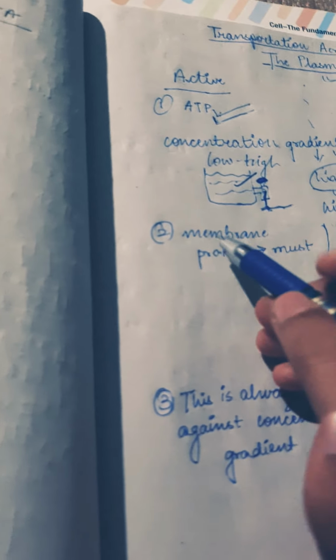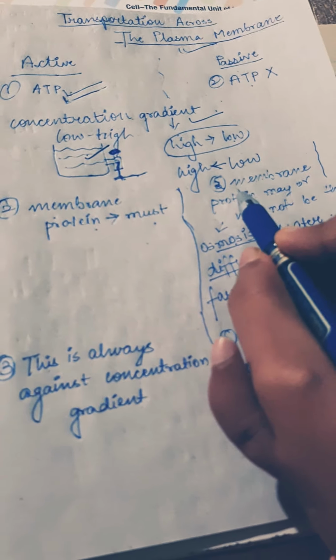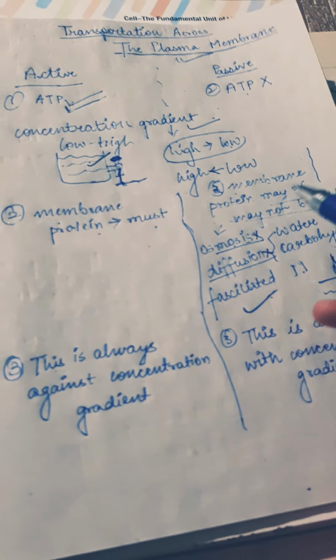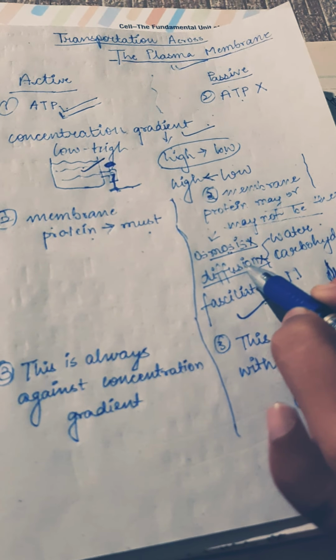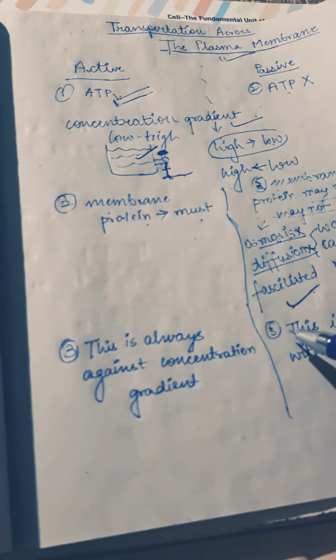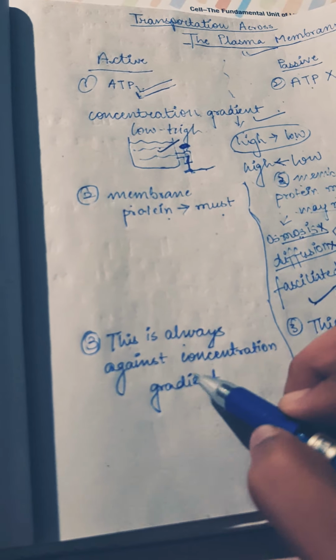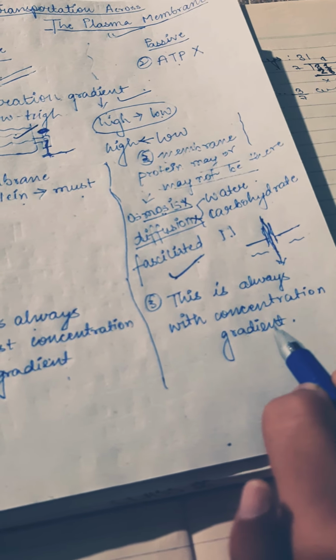In active transport, the membrane protein is a must, while in passive transport, the membrane protein may or may not be there. If it is osmosis and diffusion, then the membrane protein is not necessary, but if it is facilitated transport, a membrane protein is needed. And the third difference is this: active transport is always against the concentration gradient and passive transport is always with the concentration gradient.